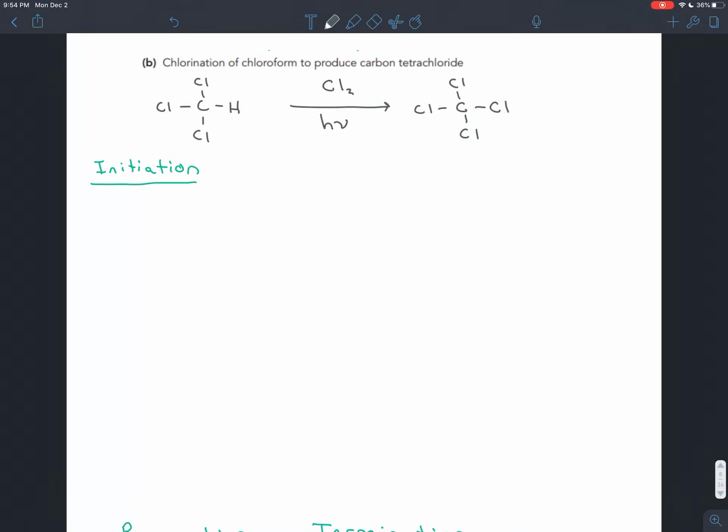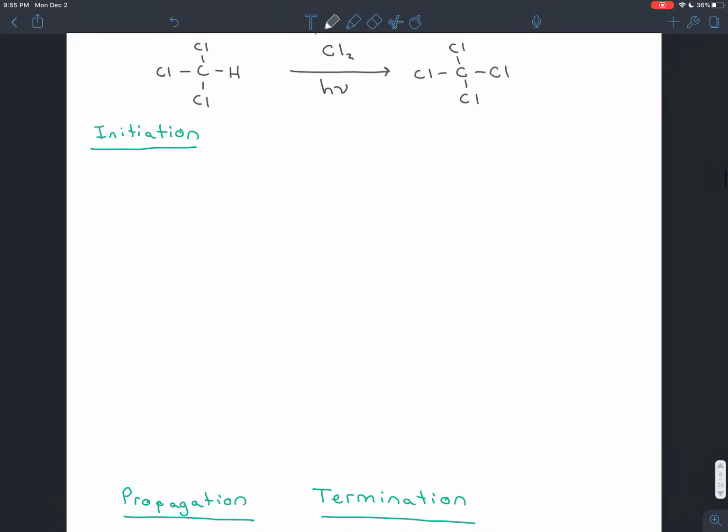So let's think about initiation. Now for these radical mechanisms, just think about what halogen you're using. Here it's chlorination. If it said bromination, you just have Brs instead of Cls. But the mechanism would be the same.